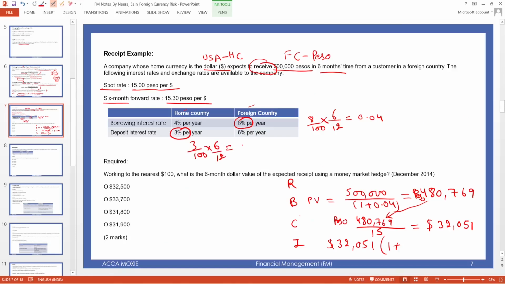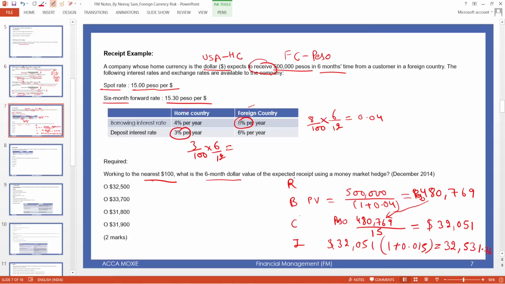That gives 32531.76, or we can say 32,500, rounded to the nearest 100.